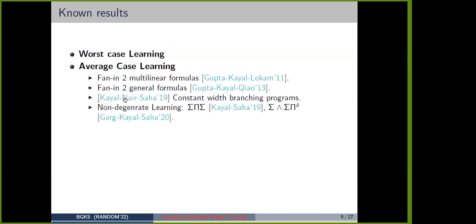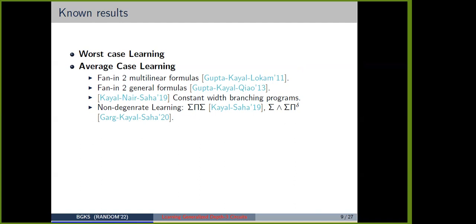For average case, we can learn formulas, but we need that they should be top fan-in 2 regular multilinear formulas or general formulas. So we need this extra condition. Or we can learn constant width branching programs, assuming some extra conditions.